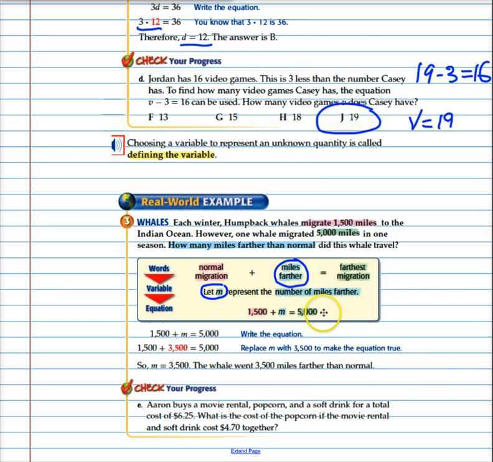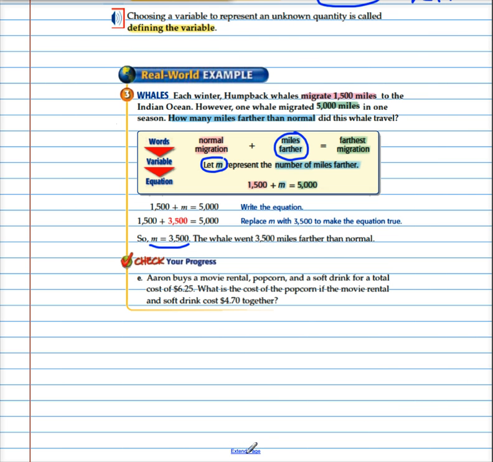So our equation is 1,500 plus m equals 5,000. In this case, we replace the m with 3,500. 1,500 plus 3,500 equals 5,000. So therefore, m equals 3,500 makes this a true statement, and 3,500 is then the solution for the equation.